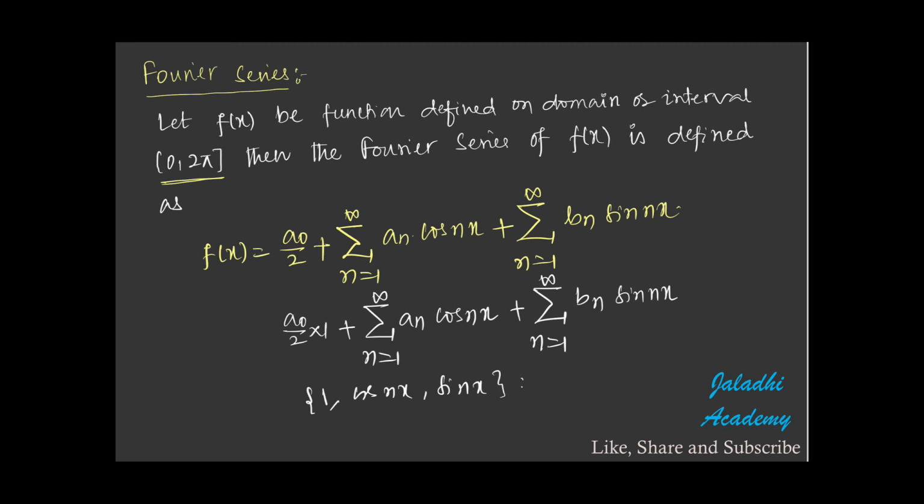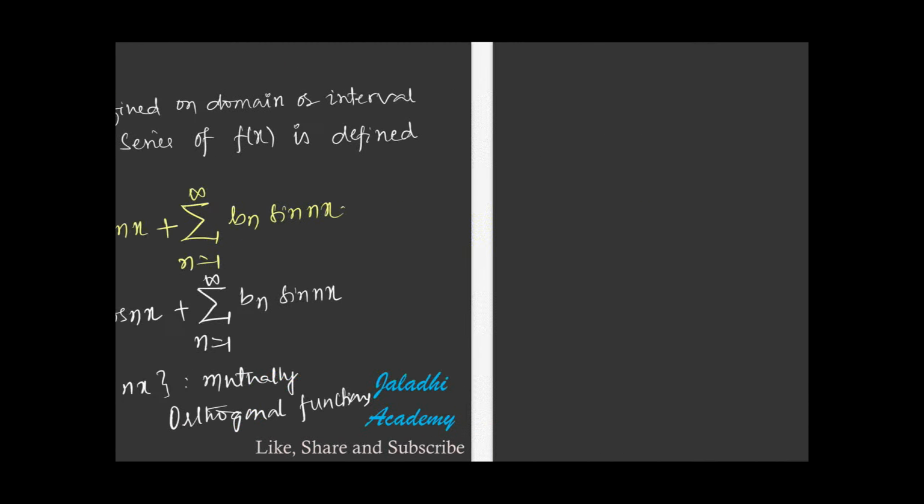These three are mutually orthogonal functions. So here we will use the orthogonal property of 1, cos nx and sin nx to determine the coefficients a0, an and bn.